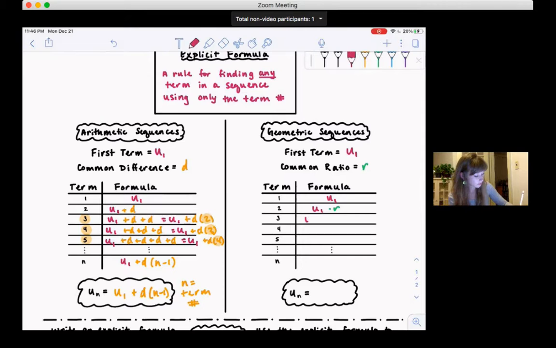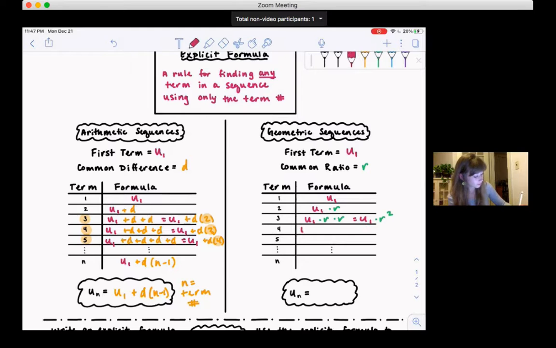To get the next term, we're going to take what the second term was, u1 times r, and then multiply it by r again, because in a geometric sequence, we multiply by r over and over and over again. So this is actually equal to u1 times r to the second power. R times r is r to the second power.